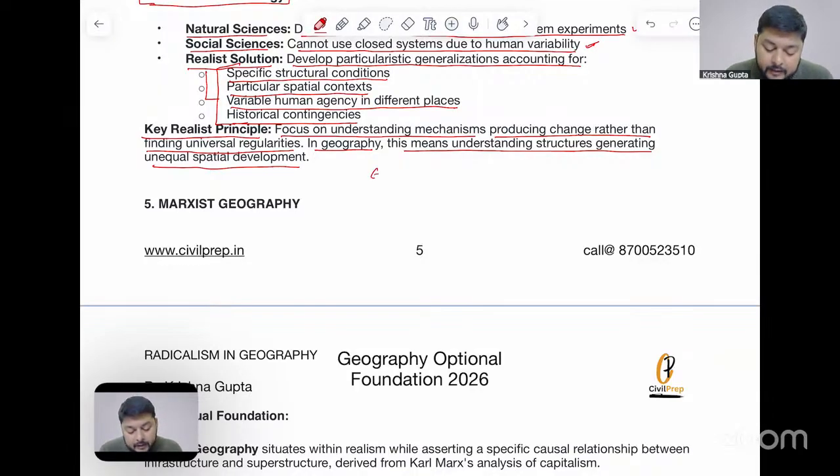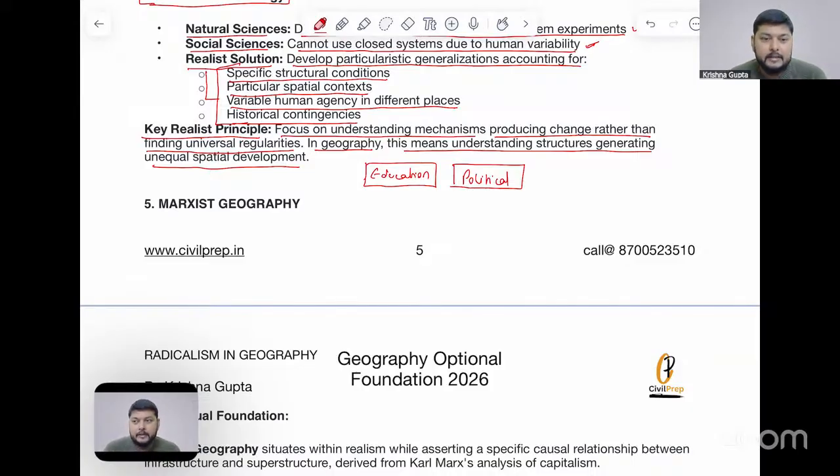We have education, which we undergo in the form of an institution. Then we have political structure, which can be democratic, communist, or liberal. It can be a republic.